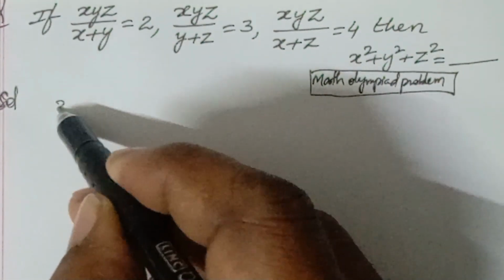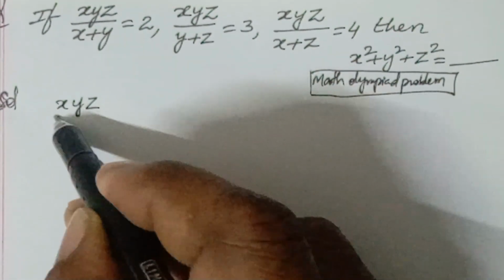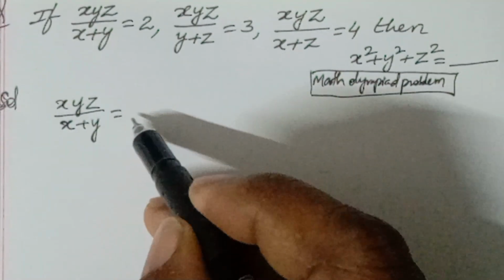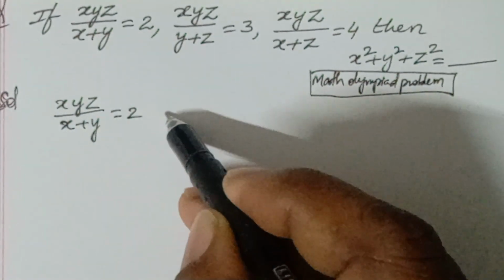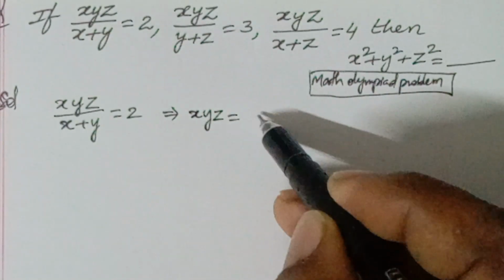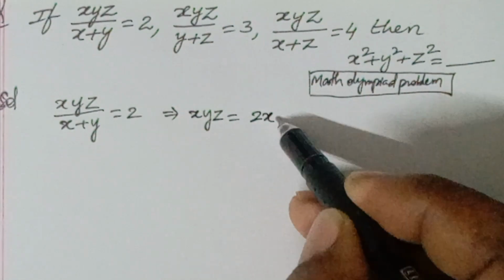So given xyz by x plus y equal to 2. This can be written as xyz is equal to 2x plus 2y.